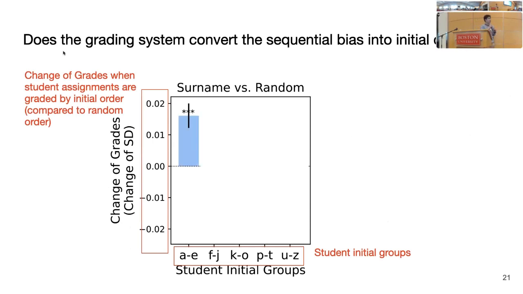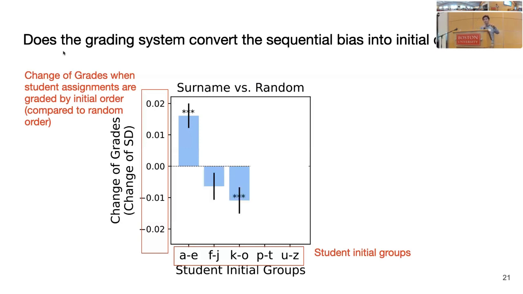We showed that for the earlier initial students, if your assignments are graded in surname order, their average grading order will be way earlier than the random group. So they're actually benefiting from this design, and their scores tend to be higher than the random grading group.